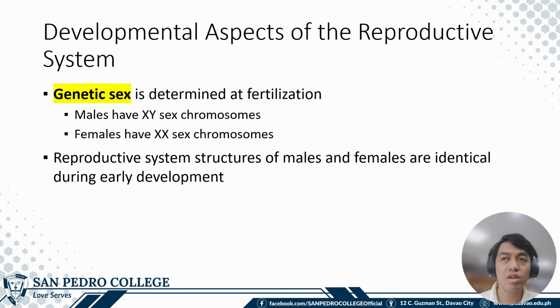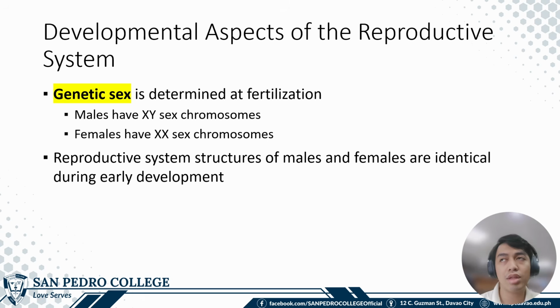Now, the sex of the resulting embryo or fetus is first determined as the genetic sex, which is identified by the sex chromosomes of the resulting zygote. Each of the sperm and the egg cell has one sex chromosome.